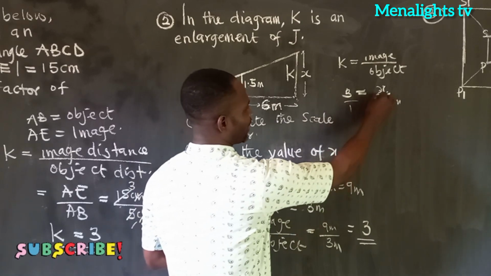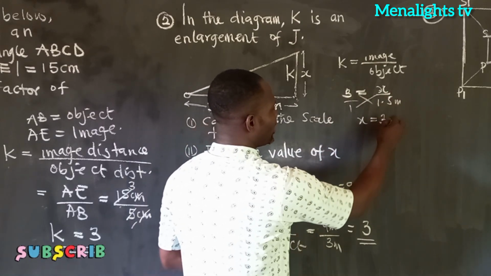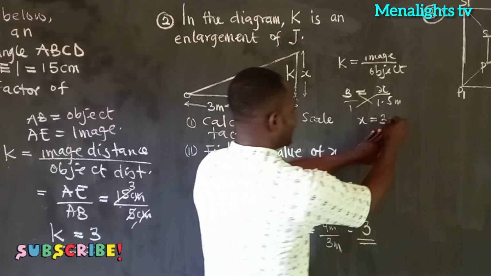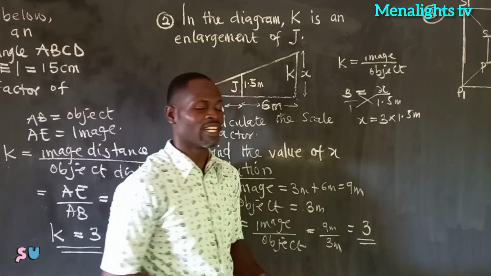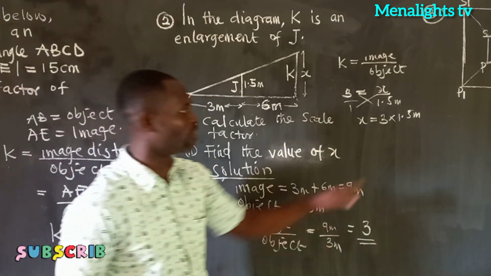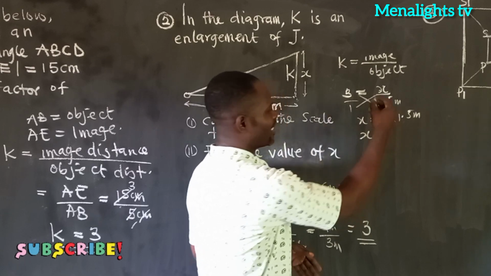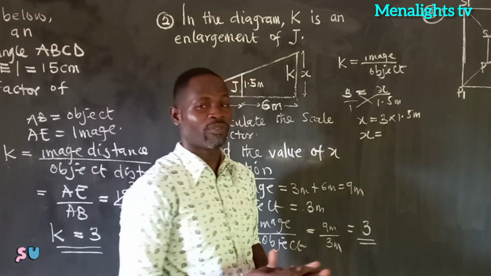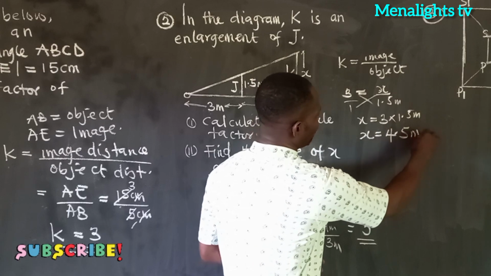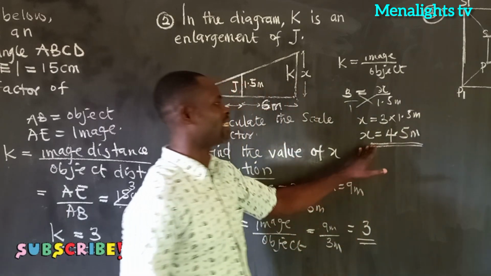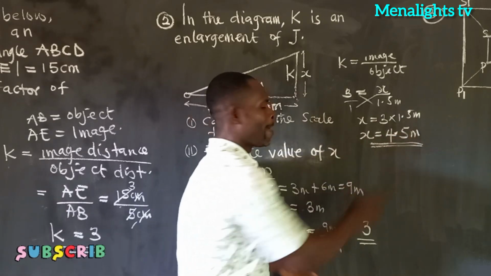So when you cross multiply, our X is equal to 3, which is the scale factor, times the object distance, which is 1.5 meters. So 3 times 1.5 will give us 4.5 meters. So the image distance here, or the value of X here, is 4.5 meters.